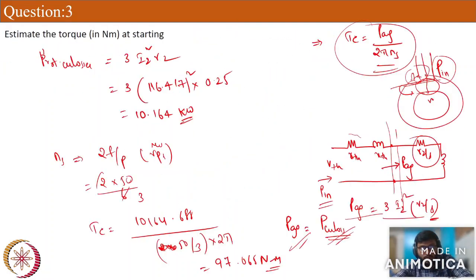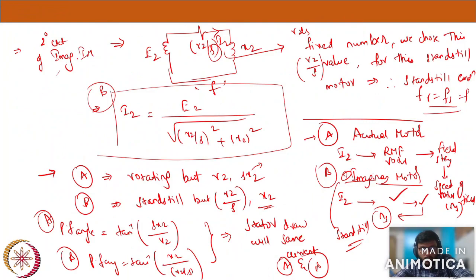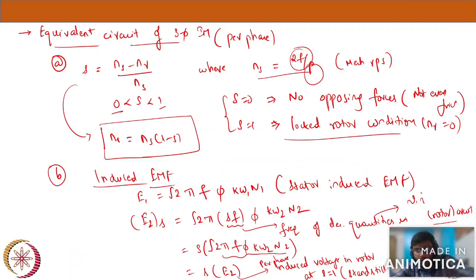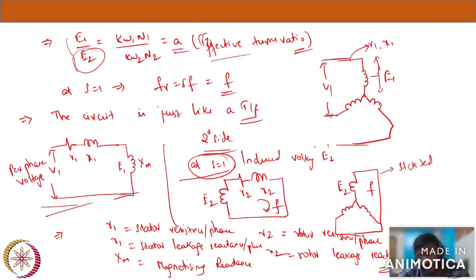Today we don't have much time because we discussed more in other concepts. So a quick summary of today's session. We started with the equivalent circuit of a three-phase induction motor, and how to approach drawing it from the transformer's perspective.